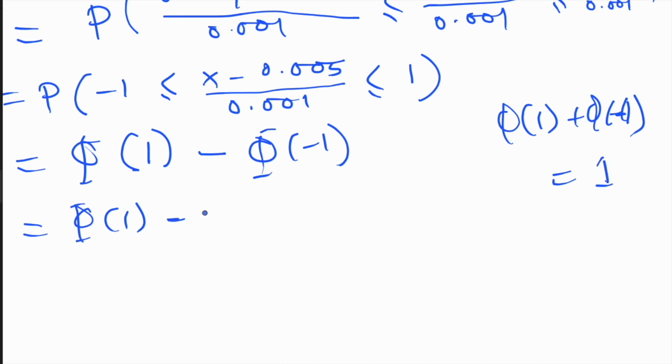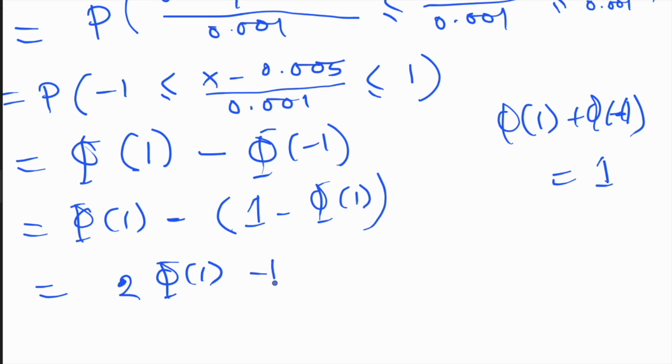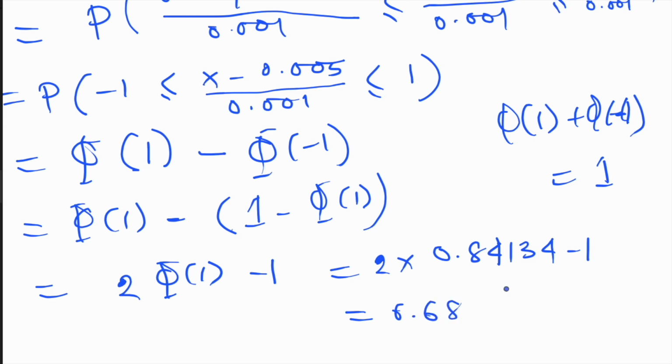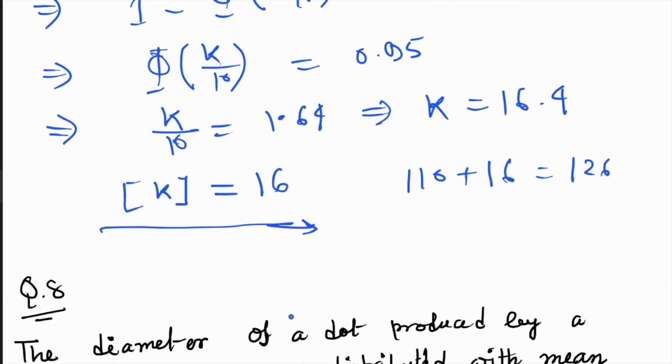So from that we can write 1 minus phi of 1, so it becomes 2 phi of 1 minus 1, and this is 2 into 0.84134 minus 1, which is 0.68268. That's the answer of question number 8.